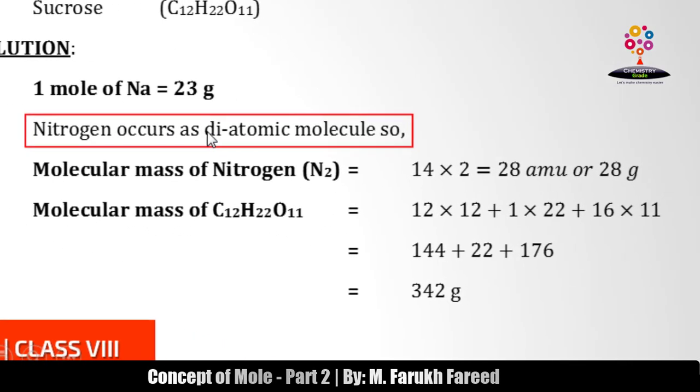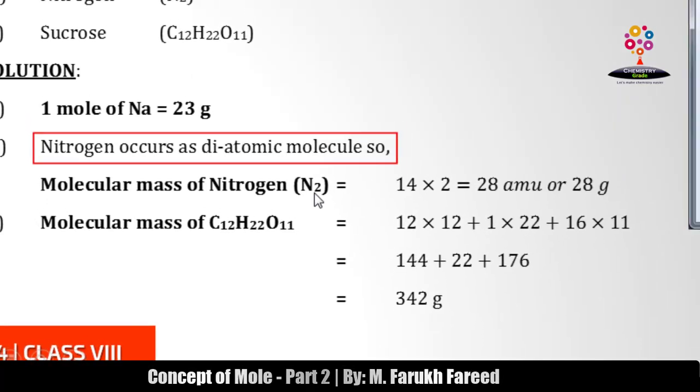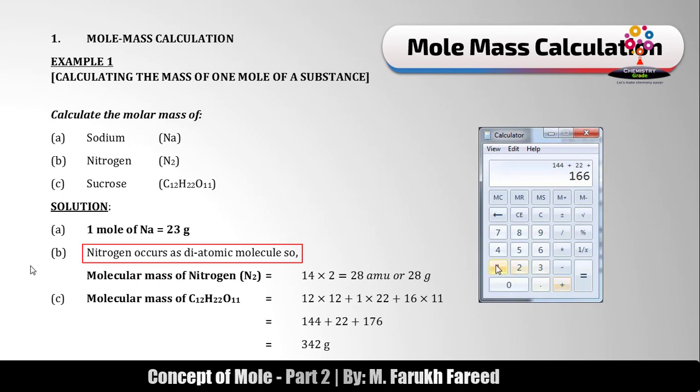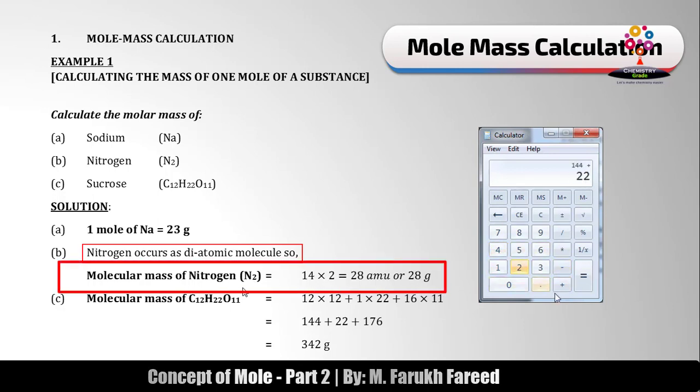And nitrogen occurs as a diatomic molecule. Remember that, diatomic molecule. We have already discussed the types of molecules in our previous video lesson. Diatomic means it consists of 2 atoms. So we will multiply by 2 because the subscript shows the number of atoms that this molecule consists of.